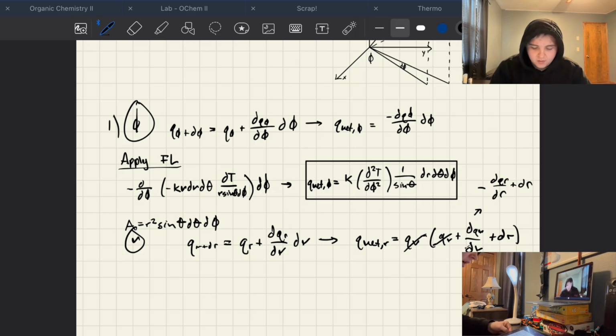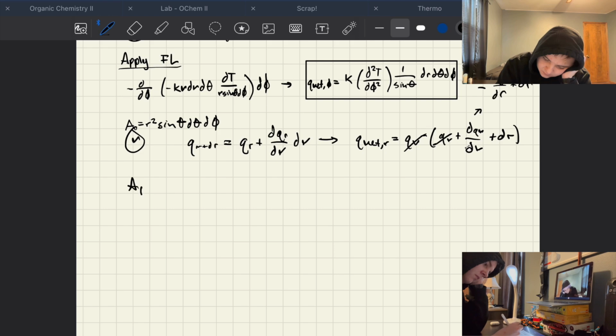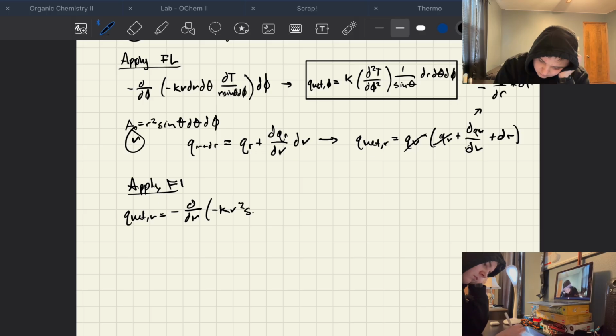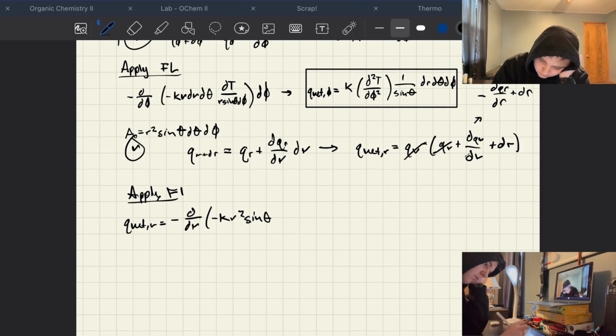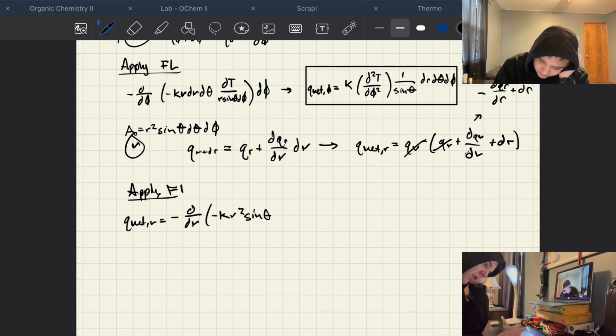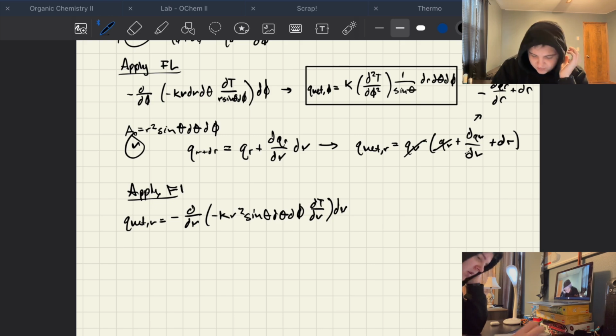Okay, so now we can do Fourier's law again. For q net r, we got our negative k times our area, so I'm writing our area again, and then the gradient.